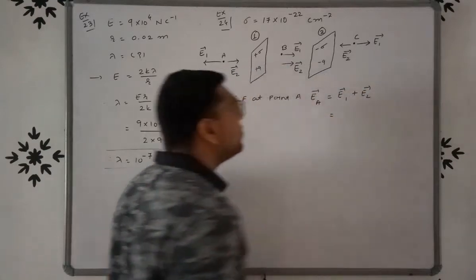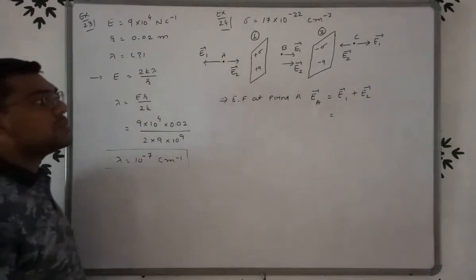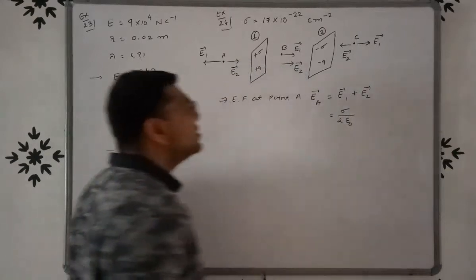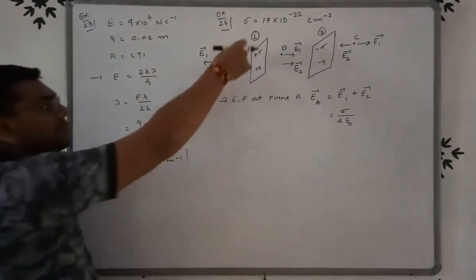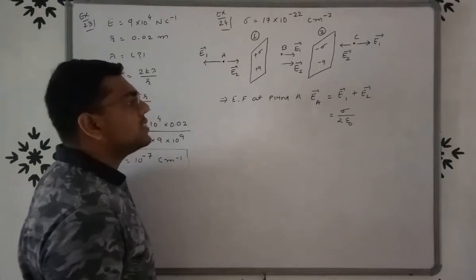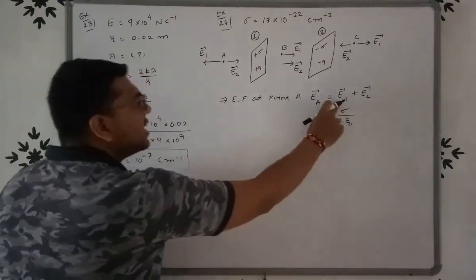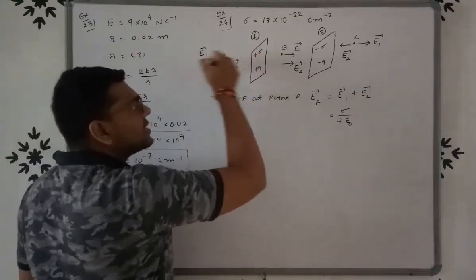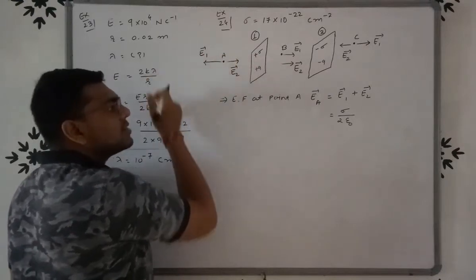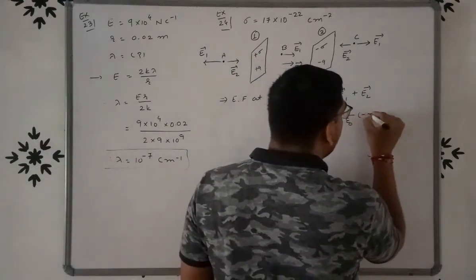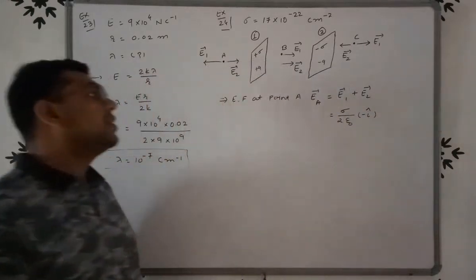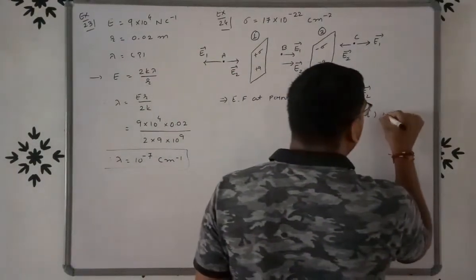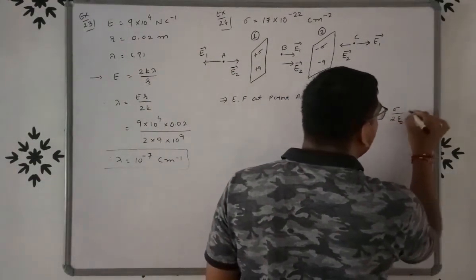Now we know the formula of electric field. E is equal to sigma upon 2 epsilon 0. So the electric field due to this sheet is sigma upon 2 epsilon 0. But see here, E1 is on the x-axis, but it is towards the negative x-axis, so minus i cap, because the direction of E1 is left hand side, plus E2, sigma upon 2 epsilon 0.